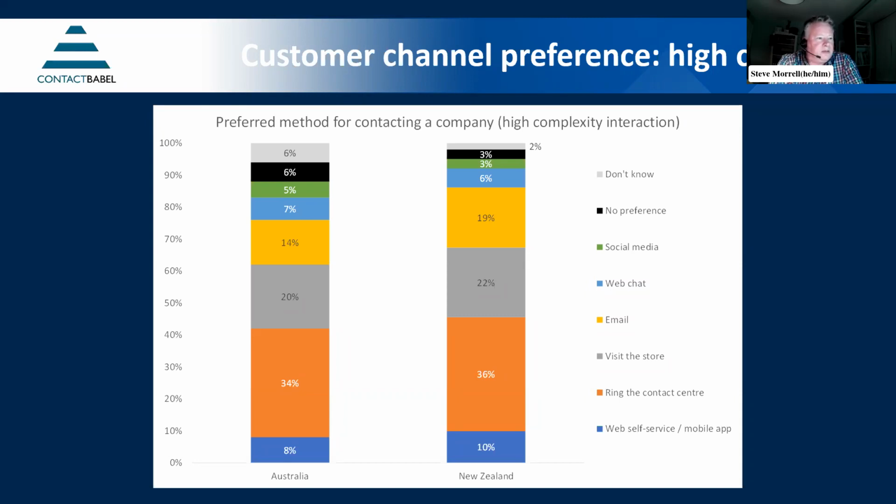And email, yes, certainly to some extent, and far fewer customers, as you might have thought, chose web self-service as their preferred method for complex requests. So really there's quite a big similarity between highly complex interactions and high emotion interactions, and the urgency is really where web self-service comes into things. So quite interesting, and especially when you start looking within the report at age groups and demographics, you think, I could actually use that.